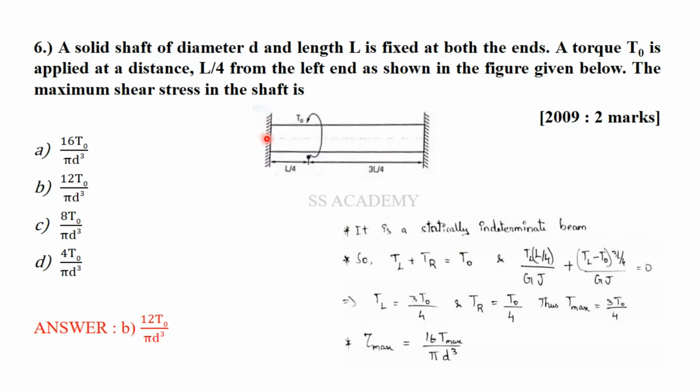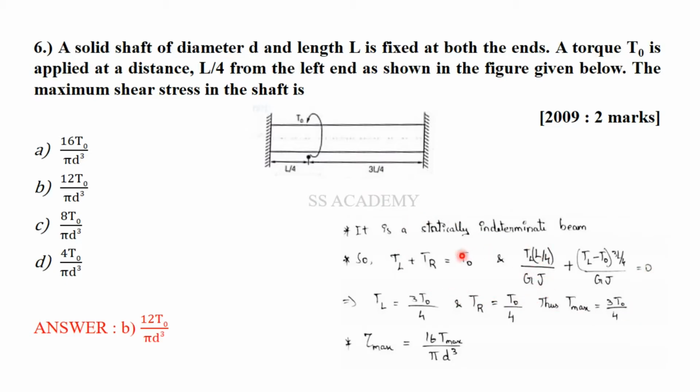That is, torque on the left support and torque on the right support is equal to the torque applied, and the compatibility equation is summation of angular deflections is equal to 0, which is given as: due to this left support there will be TL into L by 4 by GJ plus, instead of TR, I am using TL minus T naught, so TL minus T naught into 3L by 4 divided by GJ is equal to 0.